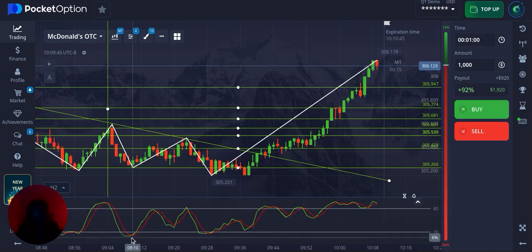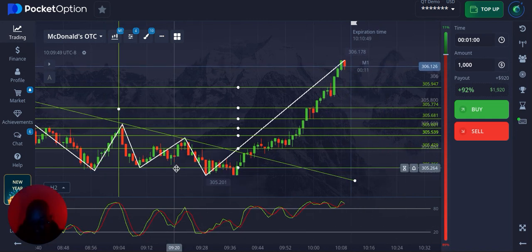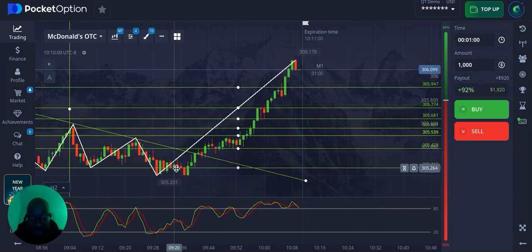The green line is beginning to come up over the 20 area. Those are different indicators that you can use to say, okay, price is beginning to go the opposite direction. But you won't figure this out over time without practice.